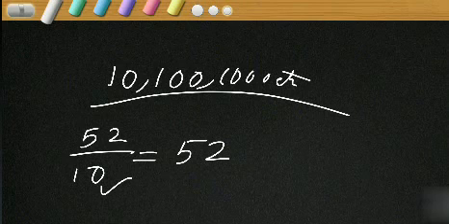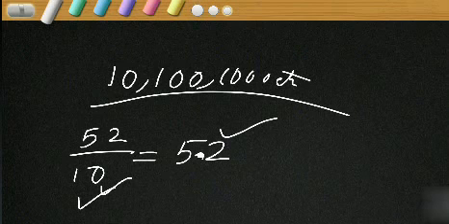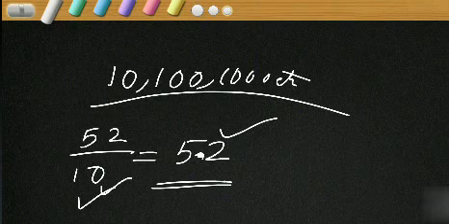So there should be only one decimal place in the answer, because there is only one zero in the denominator. That means here we have to put the point, after which only one decimal place. So what is the answer? 5.2 is the answer, isn't it?